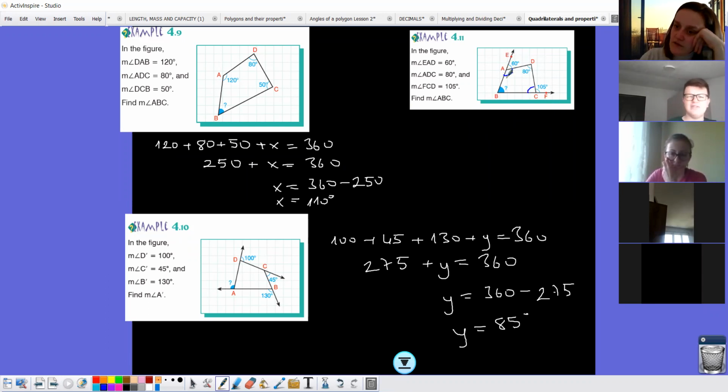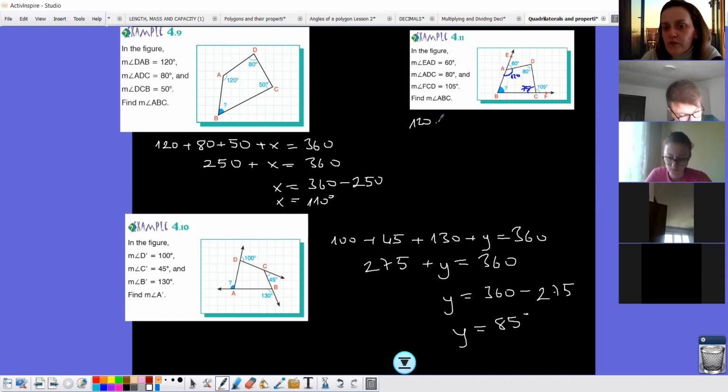If one part is 60, the other part will be 120. And here you have a straight angle, so it is 180. One part is 105, so this part is 75.